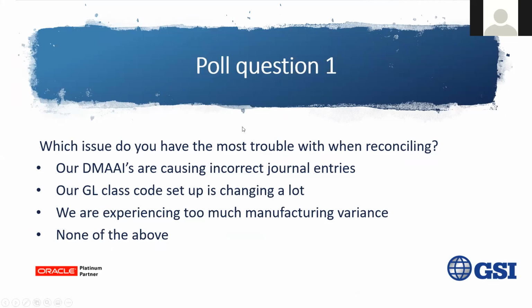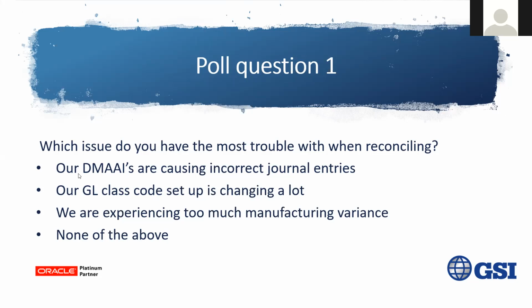Okay, now we have our first poll question. Of the three things that we just talked about, what I want to put out to you guys is which one of them are you having the most trouble with, do you think?